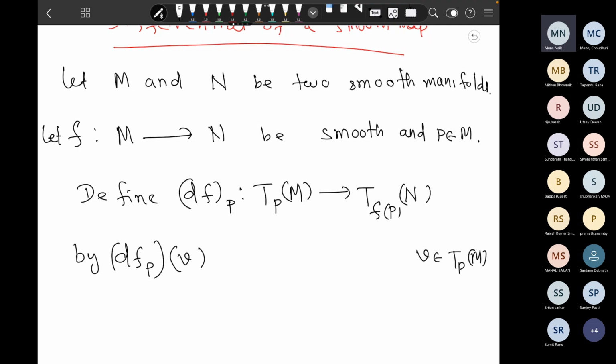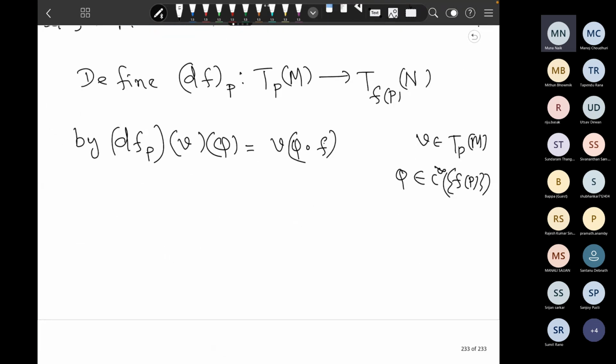So I take an element phi belonging to the smooth functions at F(P); by definition, DFP V applied to phi is V of F composed with phi. So this is well defined.